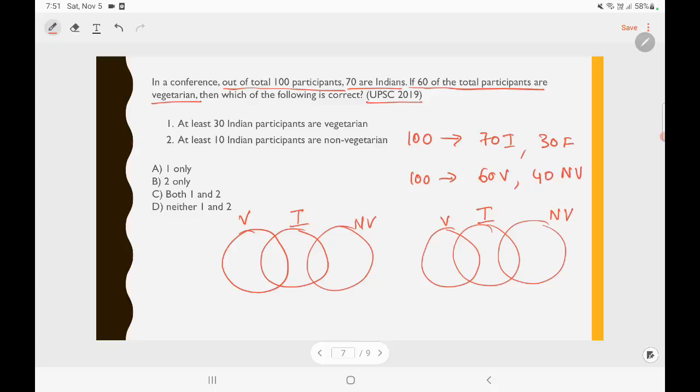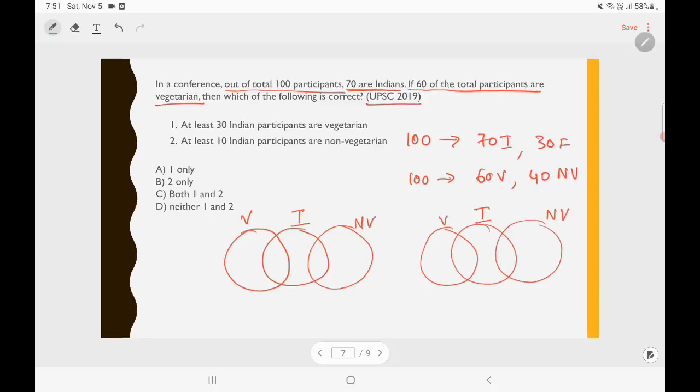First we have to assume that the maximum number of Indians are vegetarians. There are 70 Indians and a total of 60 vegetarians. So let us assume that all these 60 vegetarians are Indians. So in the intersection of Indians and vegetarians, you need to write 60.